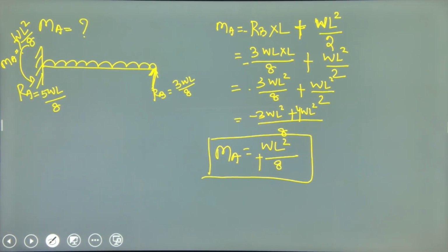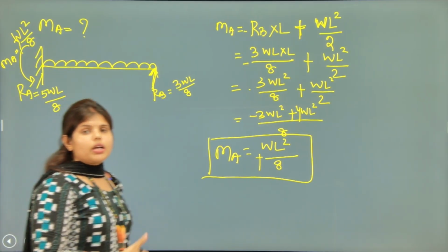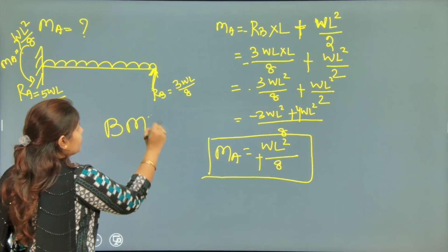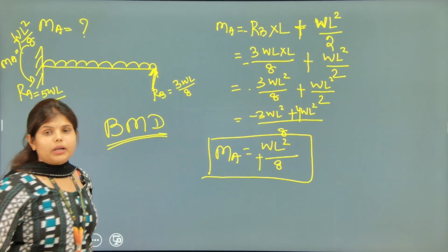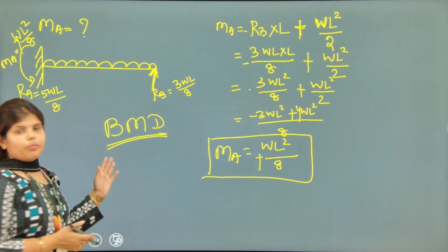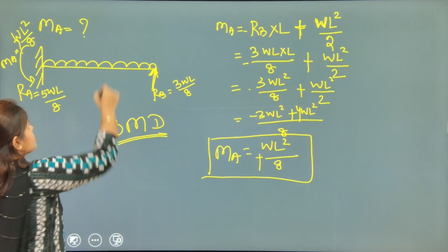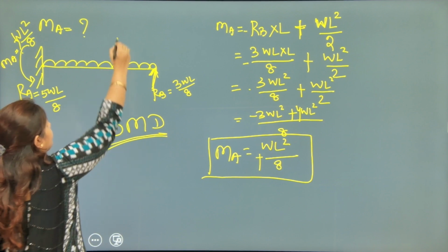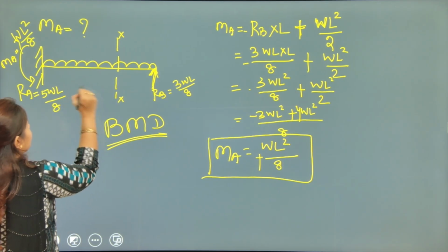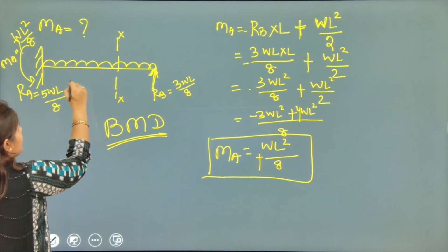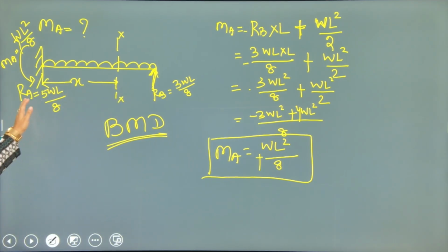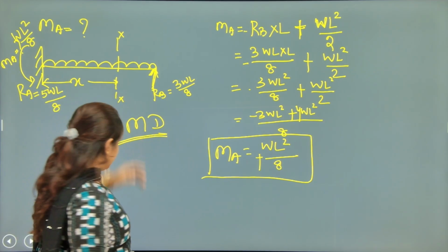When we say analyzing a structure, that means finding out what? Bending moment diagram. To find out the bending moment diagram, we need to get the bending moment at a certain distance, like at XX. So here I have taken a section XX at x distance from RA, or you can say from left.